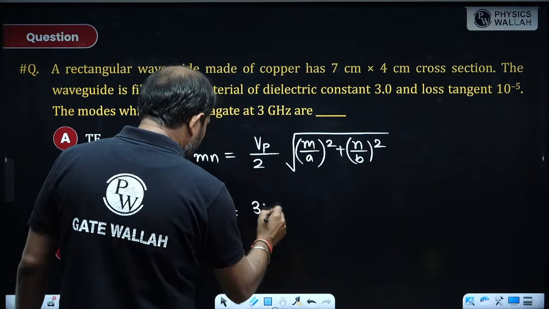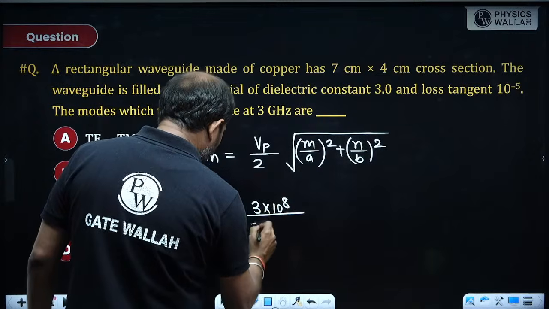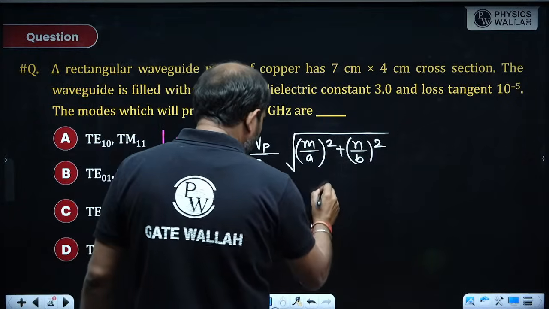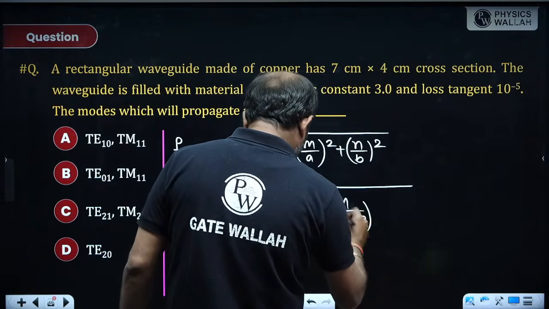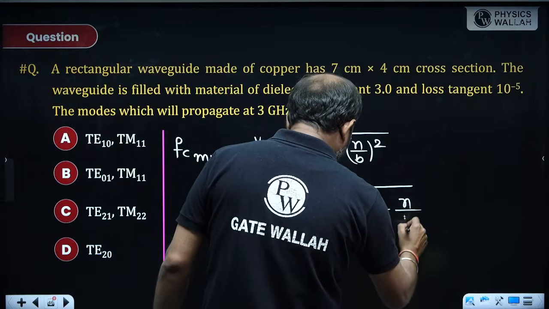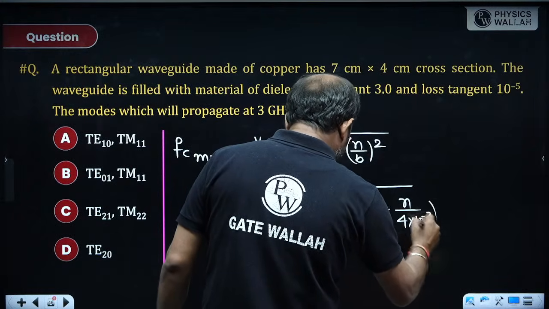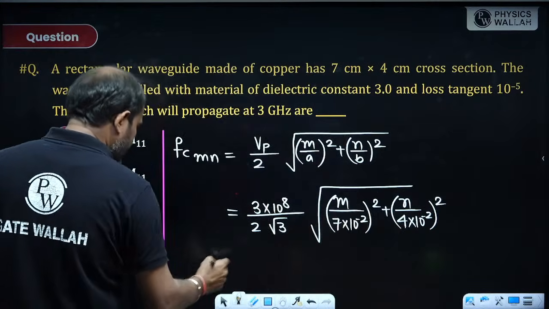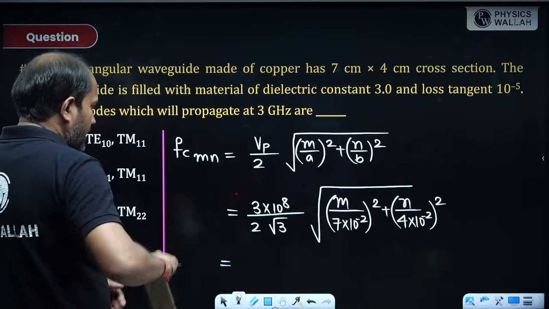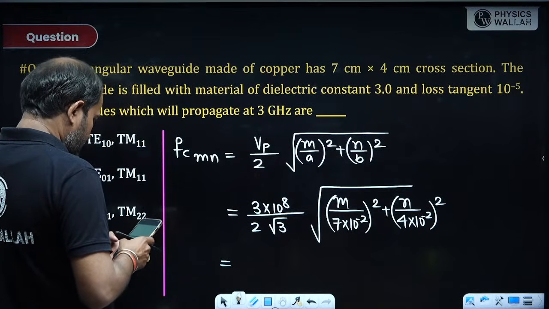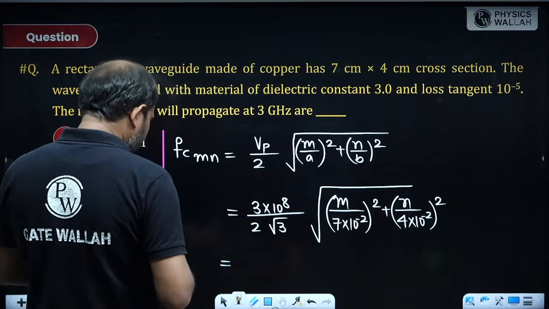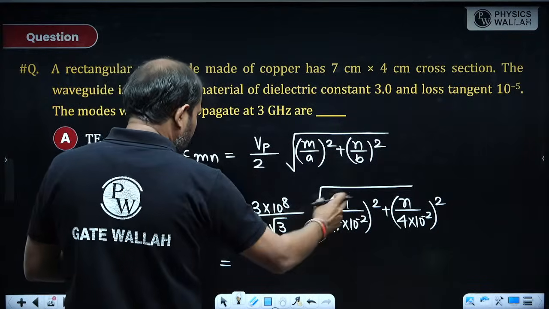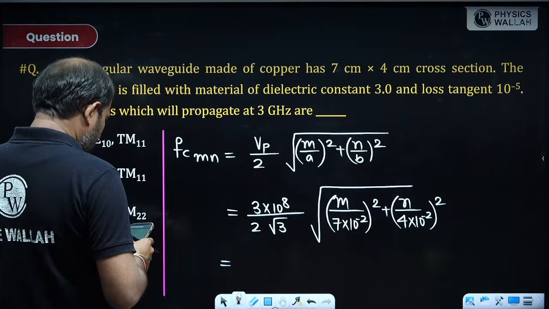So Vp is equal to 3 into 10 to the power 8 by root epsilon r, epsilon r is 3. m by a, a is 7 cm, 7 into 10 raised to the power minus 2, whole square, and n by b, b is 4 cm, 4 into 10 raised to the power minus 2, whole square. So 3 divided by root 3, so root 3 divided by 2, and 4 and 7, so it will be 28.